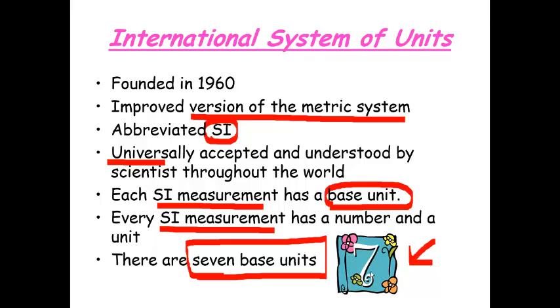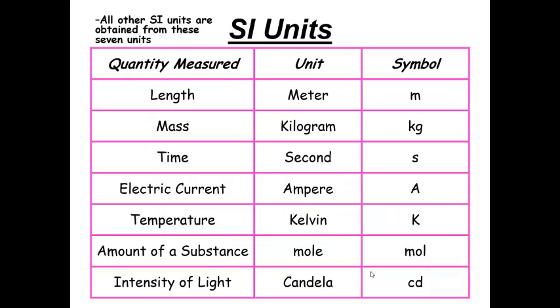I've always considered 7 kind of my lucky number. But maybe that's just because I'm a chemist. But alright, so here are your 7 SI units. Any other unit that chemists need is based on these 7 units. So if we need anything else, we take it from these units here.